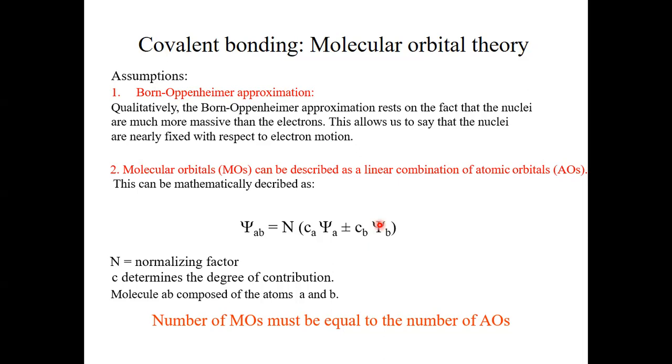Okay? The orbital that results from the vectorial addition will actually have an electron density maximum between the two nuclei. Therefore we can say that the electron density is shared between the two nuclei, and that relates directly to the concept of covalent bonding, in which we assume that one or more electrons are being shared between two atoms.